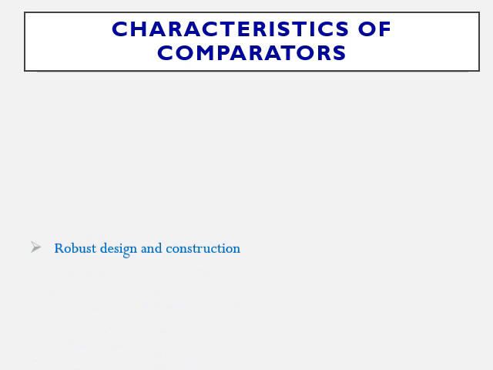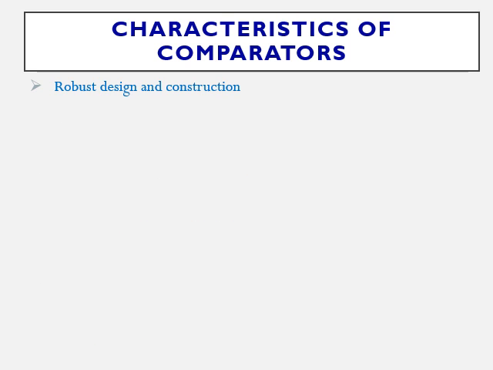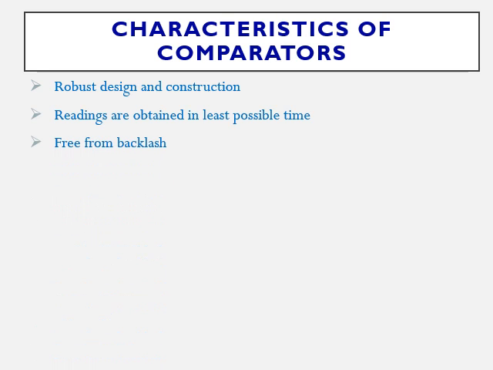What are the characteristics of such comparators? Robust design and construction is the first important characteristic. Second, readings are obtained in the least possible time. The comparator should be designed to facilitate the operator to give the readings in the least possible time, because we can measure the actual dimensions comfortably with measuring instruments, but in comparators we expect that it should give the relative difference in the readings within the least possible time.